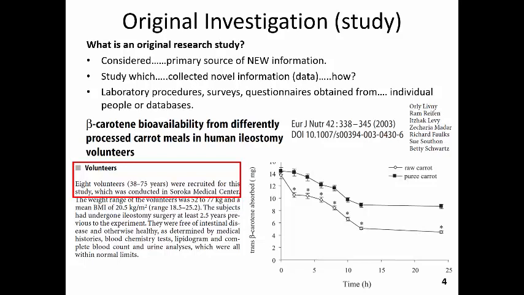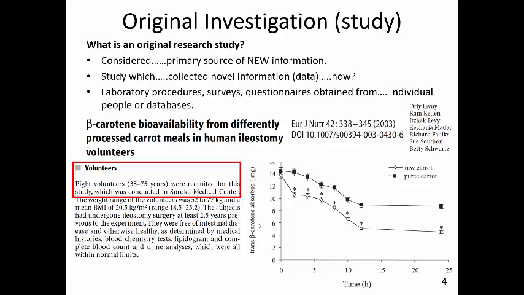And this information is depicted on the right hand side of the slide in this figure taken from this research paper. This figure demonstrates the degree of absorption of beta carotene, which is a phytochemical.